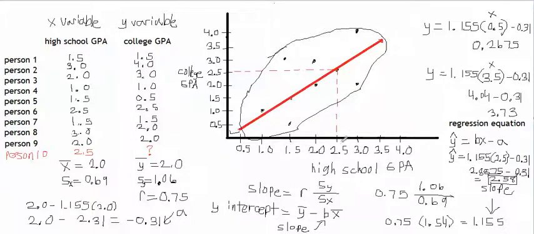When high school GPA gets up to 2.5 in our data set, the middle of this area above 2.5 is about 2.5 over here. So it does seem like the typical high school graduate who got a 2.5 high school GPA would have a college GPA of about 2.5. This red line goes to about the center of this cloud of dots.